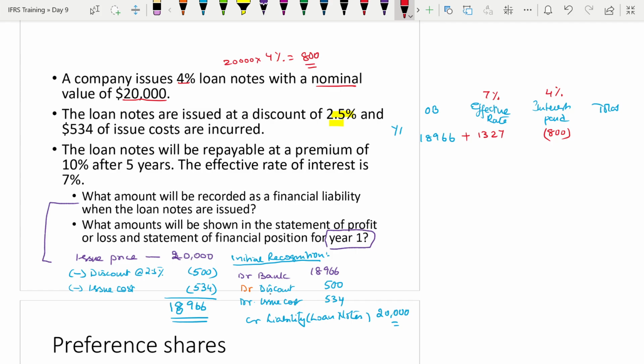Are you clear about this? Total amount is how much? Closing balance: 18,966 plus 1,327 minus 800.